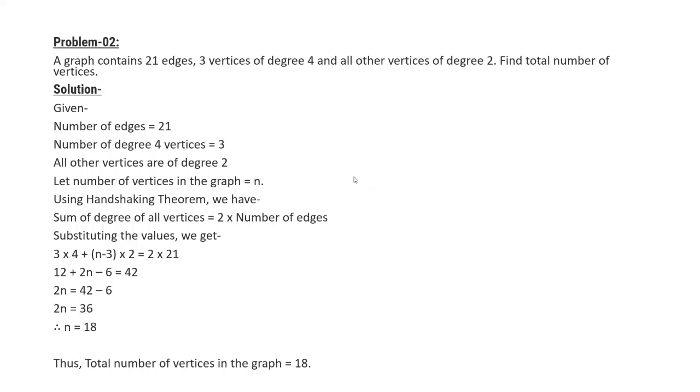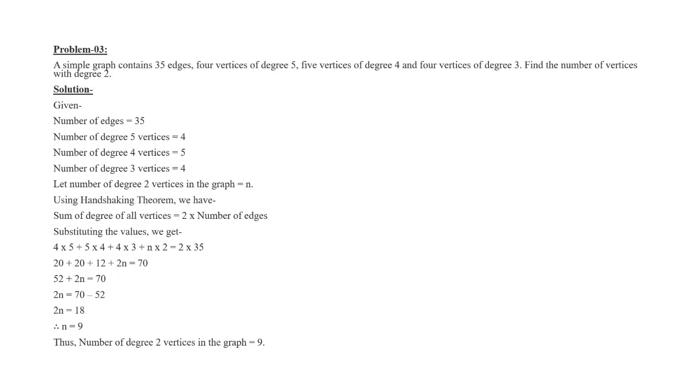Next example, the last example on the handshaking theorem. A simple graph contains 35 edges, 4 vertices of degree 5, 5 vertices of degree 4, and 4 vertices of degree 3. Find the number of vertices of degree 2.